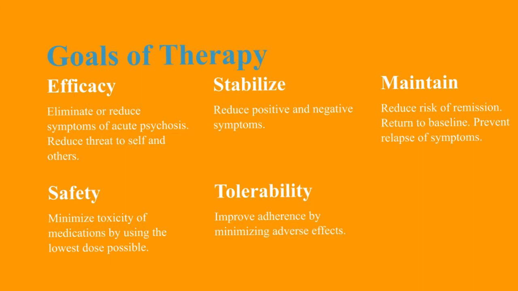It's important to improve adherence in patients with schizophrenia, and we can do that by selecting a medication that minimizes adverse effects. We want to stabilize the patient and reduce both positive and negative symptoms. And finally, we want to maintain the patient once they are stabilized, so reducing the risk of recurrence of symptoms, returning them to the baseline that they're expecting, and preventing a relapse.